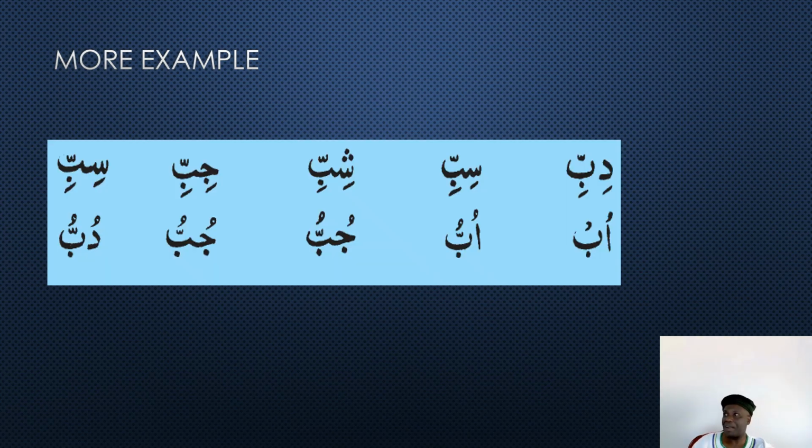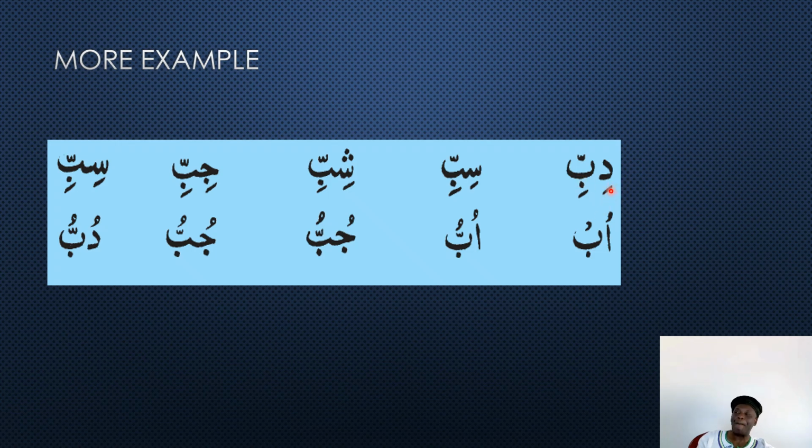Let's get examples of the shadda and see how it works. Here we've got dal kasr, which is D, and there's a bar with a shadda and a kasr. This means that this letter is going to have a big, strong impact when you pronounce it.